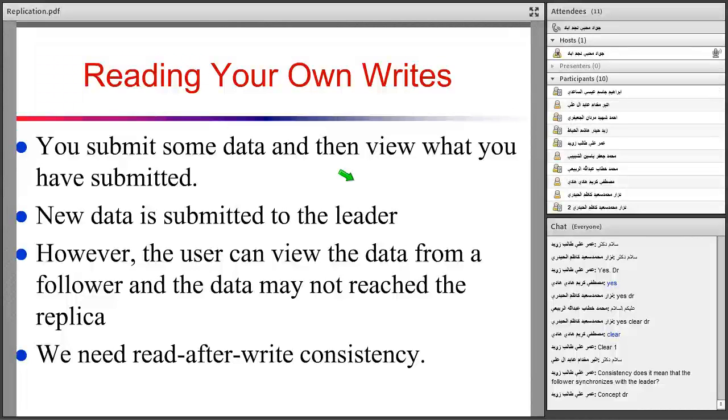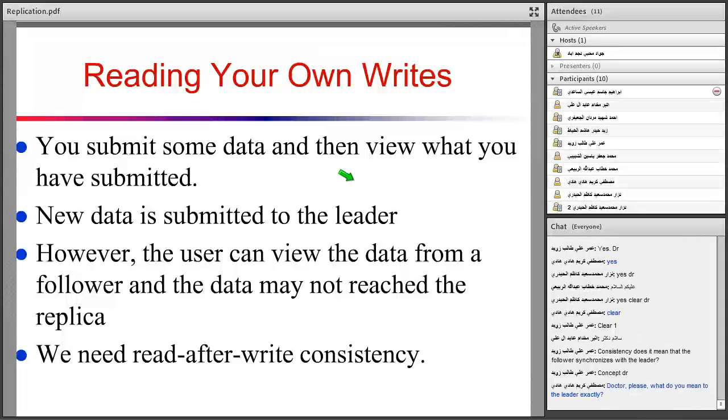So in the first state, I'm connected to the leader and I can see the latest information. But in the second state, I'm connected to the asynchronous follower, and unfortunately I see outdated information. Is it clear for you? Can you understand me?